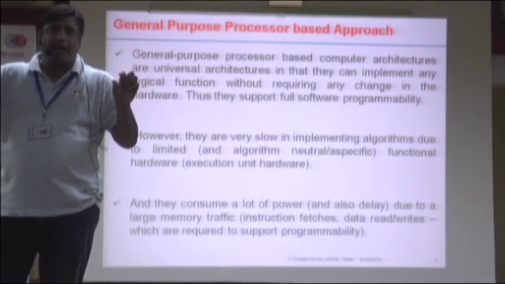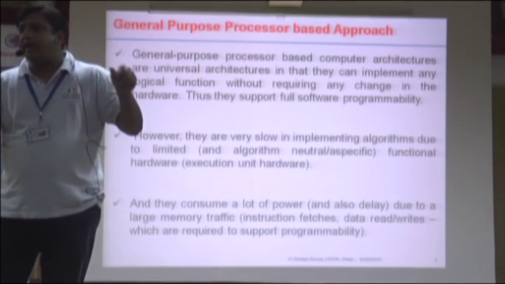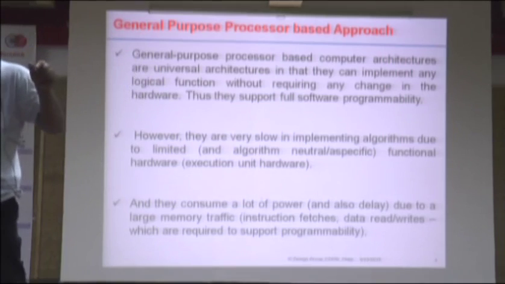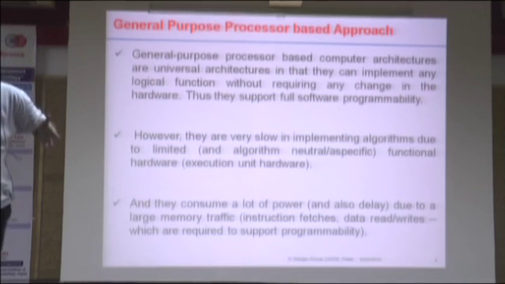You have to include the math.h header file, right? Or to compute the exponential of a number, again you have to include this header file. This means there is no direct hardware support available for all these functions. There is a subroutine defined in these header files, and you have to execute those subroutines to compute the exponential or sine and cosine functions. So generally this is slow, because, for example, you all know how a processor works.